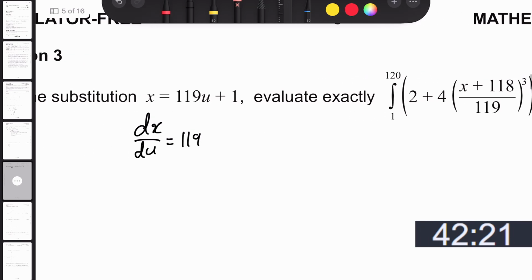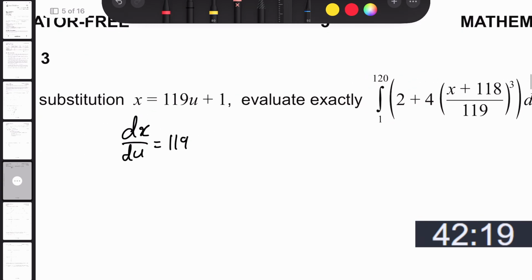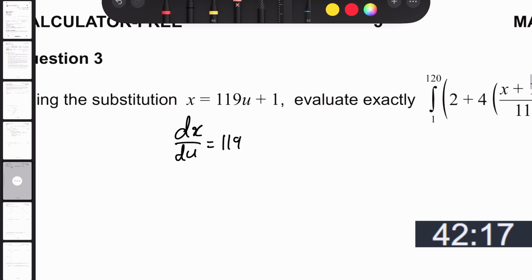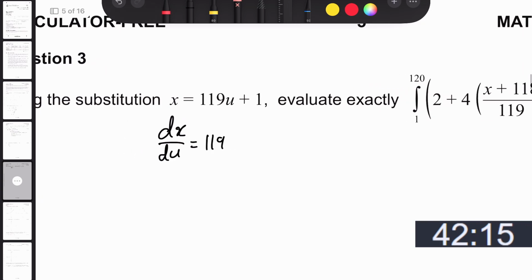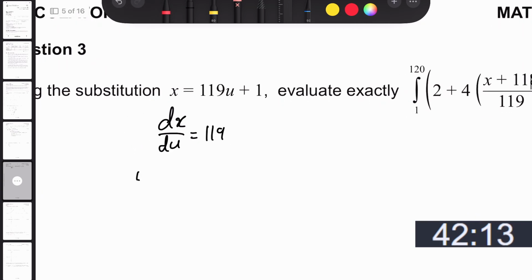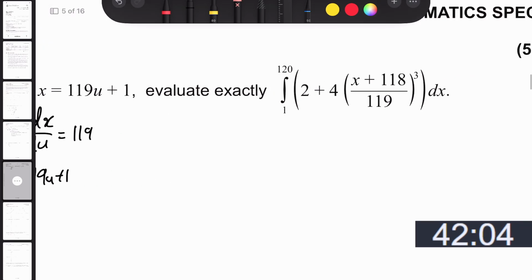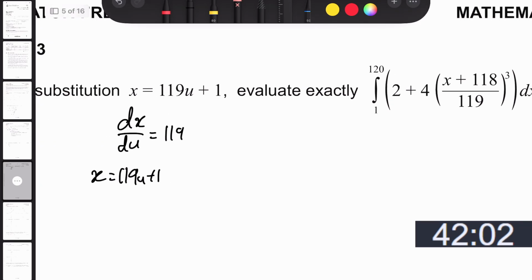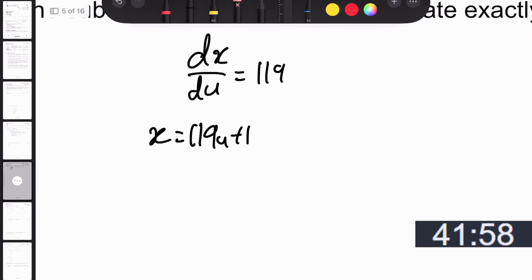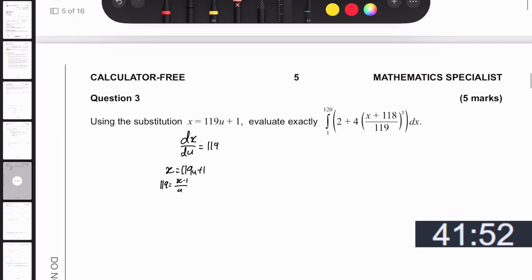Then we have, let's do, x is equal to 119u plus 1. So 119 is equal to x minus 1 on u. Is that how I'm going to do this?